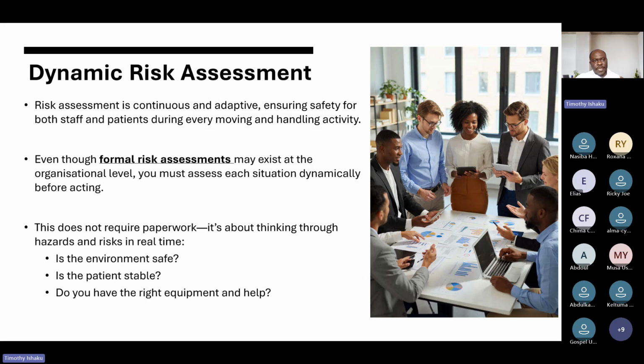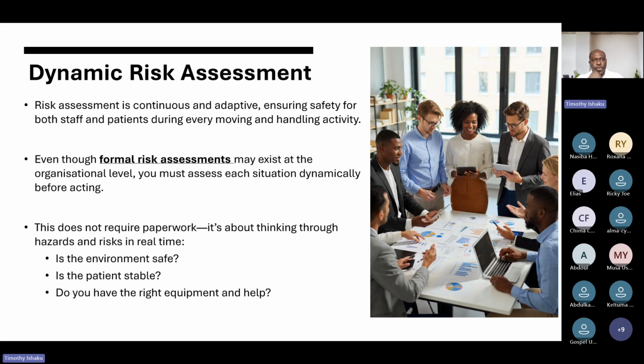Dynamic risk assessment is something that we keep on doing, a continuous and adaptable assessment that we do day in, day out in our practice, where we ensure safety for both the patient as well as us during moving and handling of the patient.